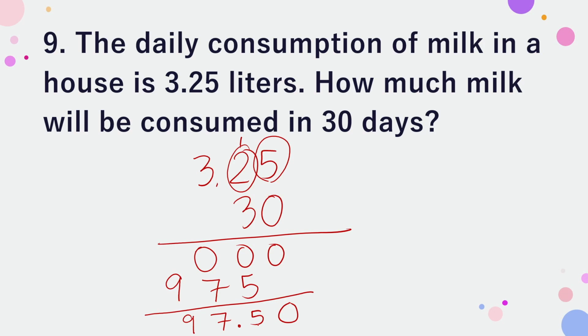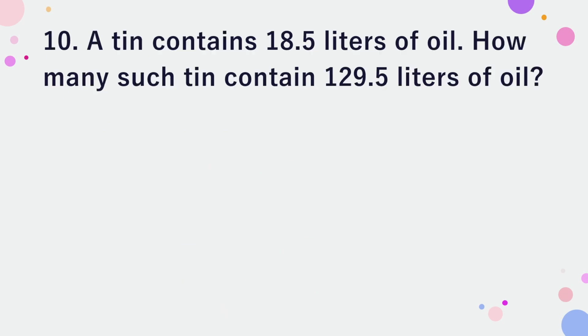Unsa may unit ani? Days or liters? Liters. So in 30 days, ang makonsume nga liters of milk is 97.50 liters. Let's move on to problem number 10. A tin contains 18.5 liters of oil. How much tin contain 129.5 liters of oil?